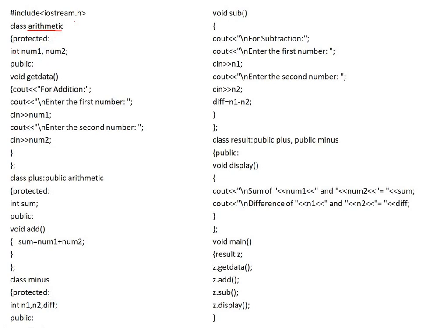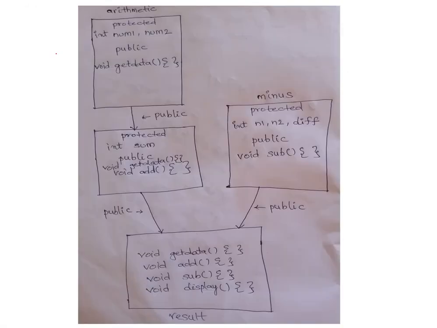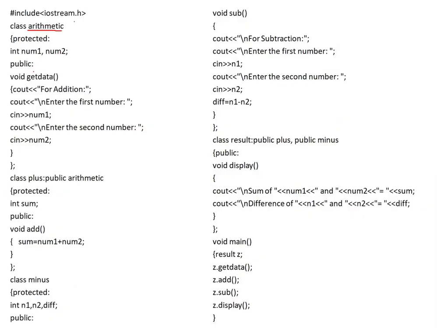Under the protected section we have written num1 and num2. Under the public section, we have written only one member function, that is void getData member function. Return type is what? Void.